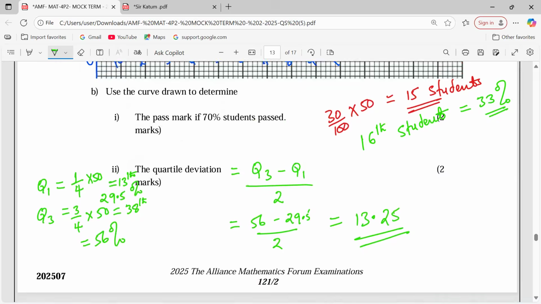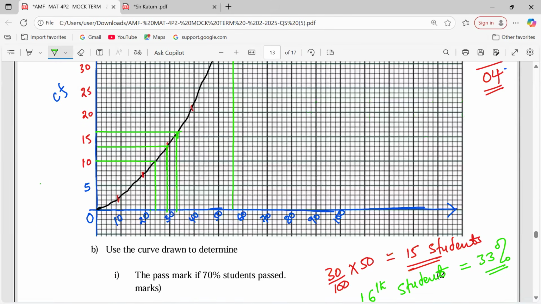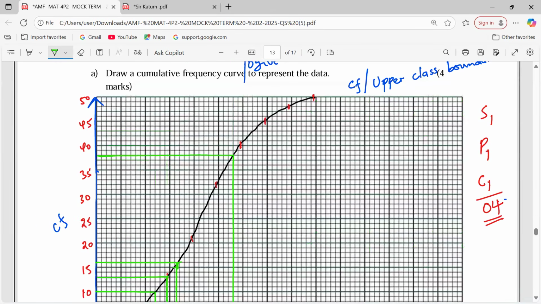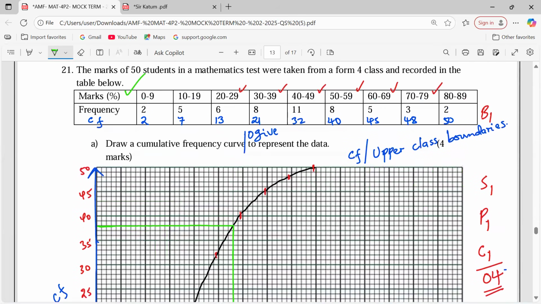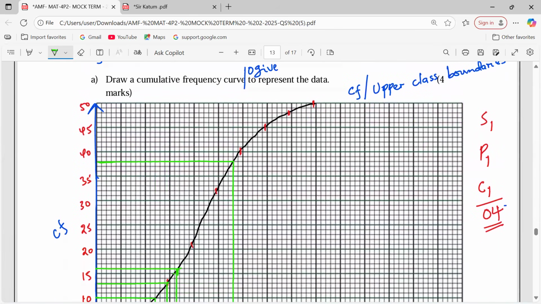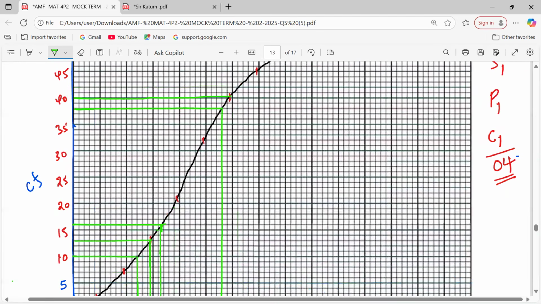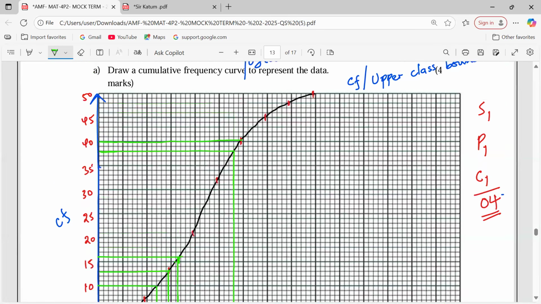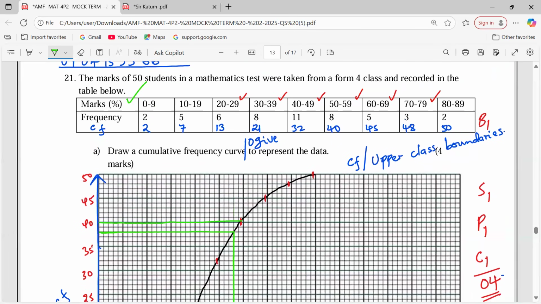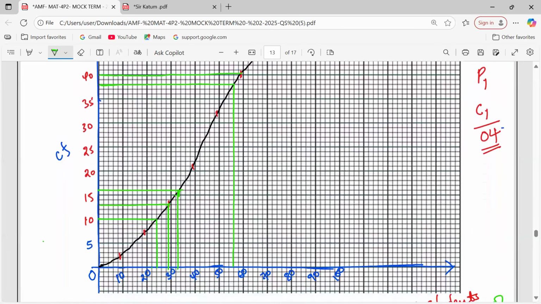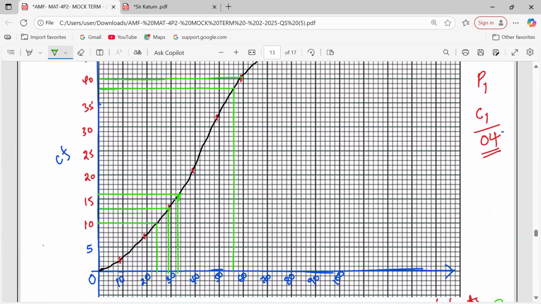So we go to 40 and we read along. 40 is among the coordinates plotted. So this is 59.5. Yeah, we read 59.5.